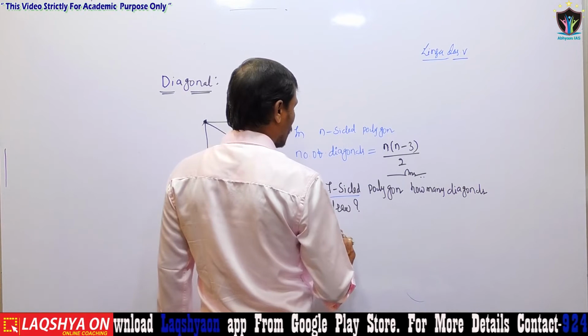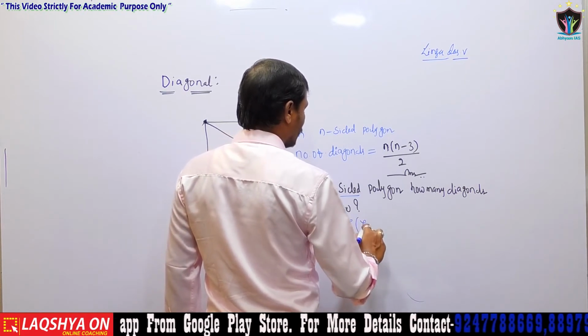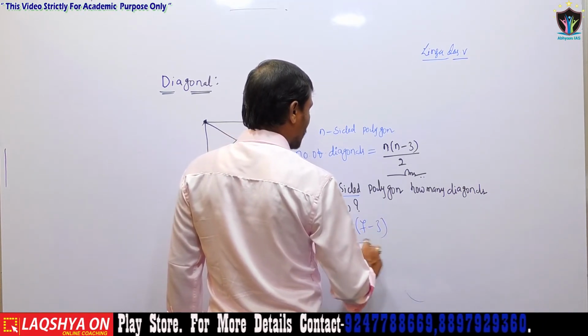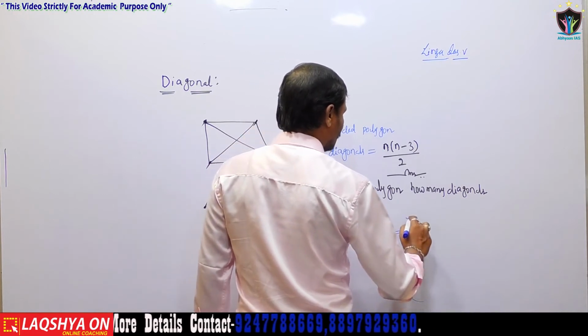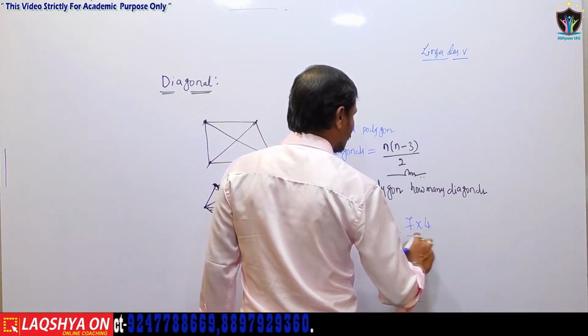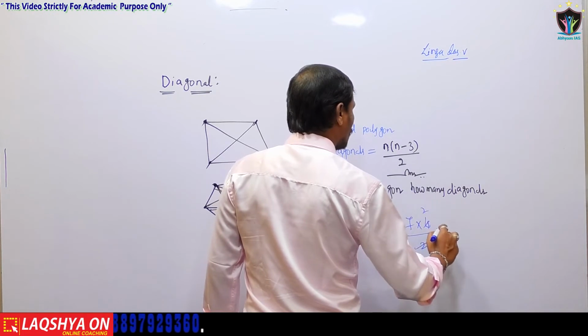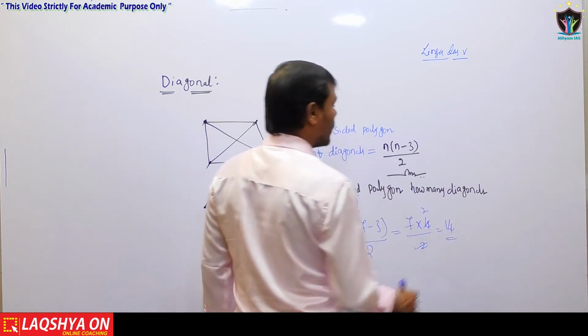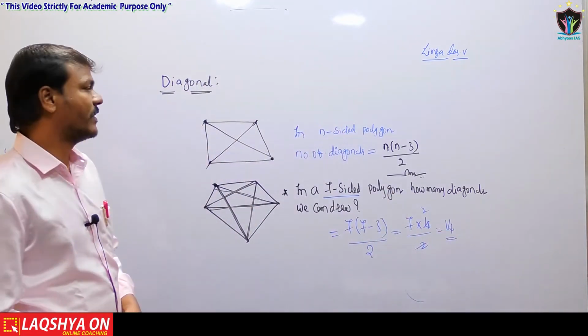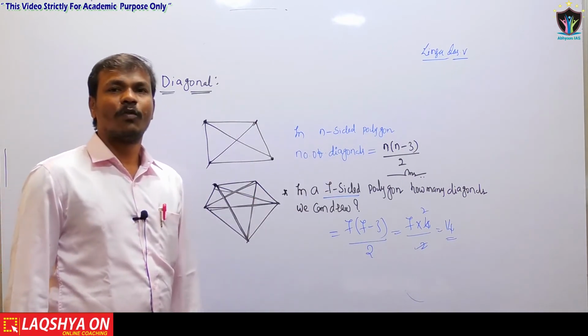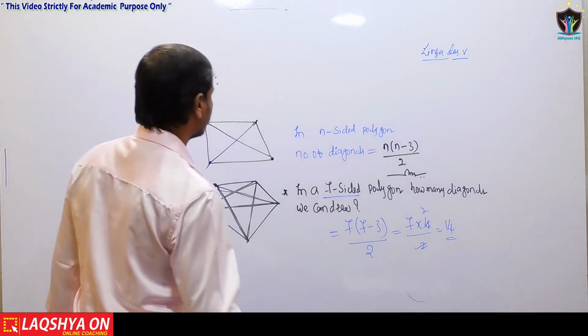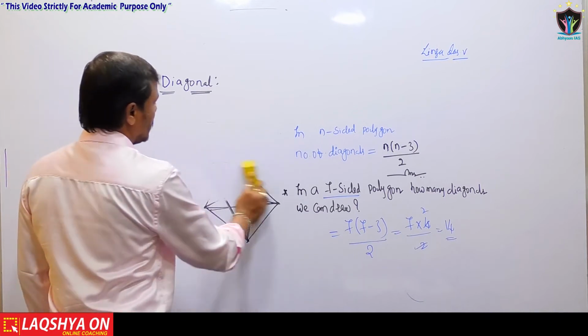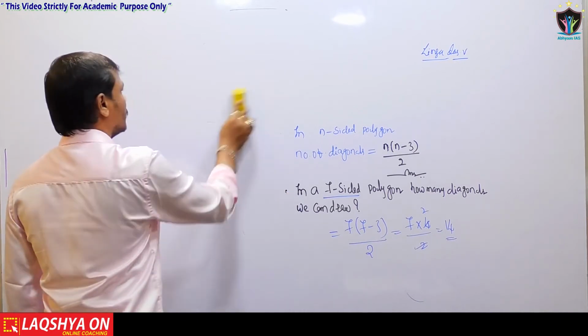So 7-sided polygon, that is 7 into 7 minus 3 by 2, 7 into 4 by 2, 2 2s are 4. So we can draw 14 diagonals. 14 diagonals we can draw. Okay. This is simple. So that is the number of diagonals.